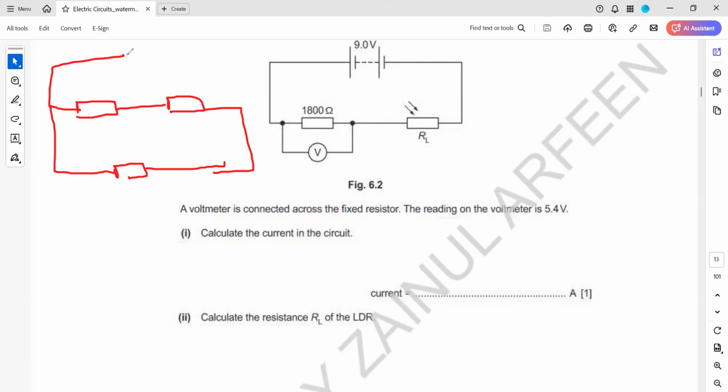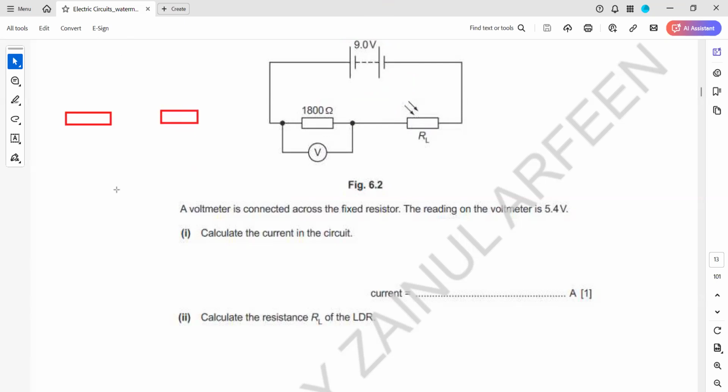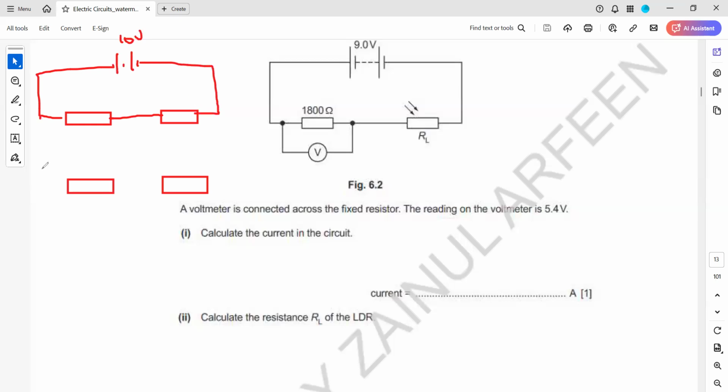Let's say we have two branches with two different resistors connected to the same supply. Let's say it's a 10-volt supply.